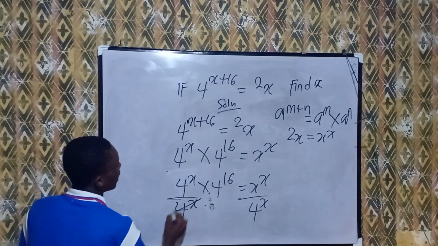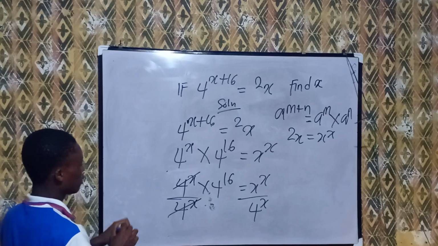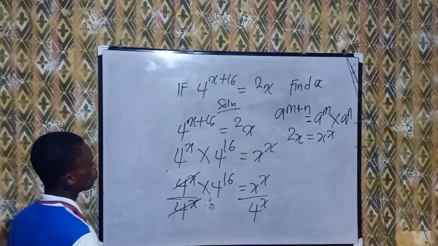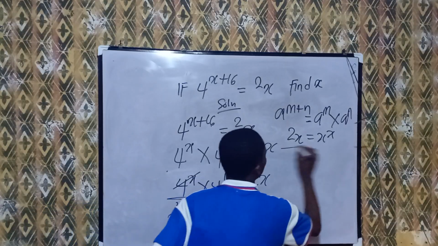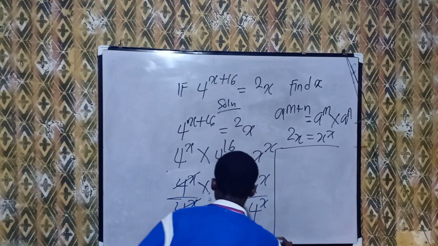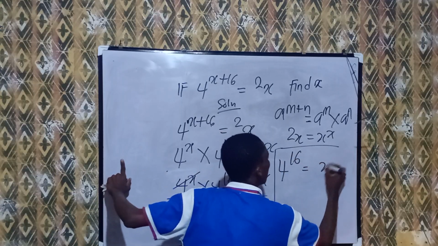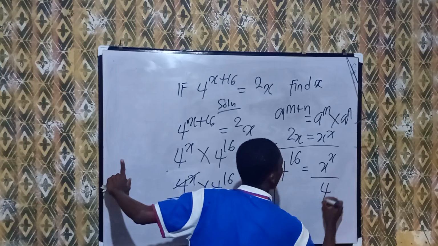So clearly 4 to power x will cancel 4 to power x here, and we'll be having 4 to power 16 equals x to power x all over 4 to power x.